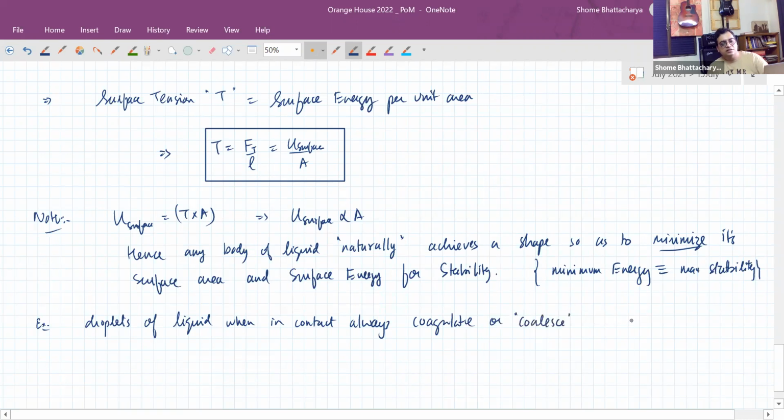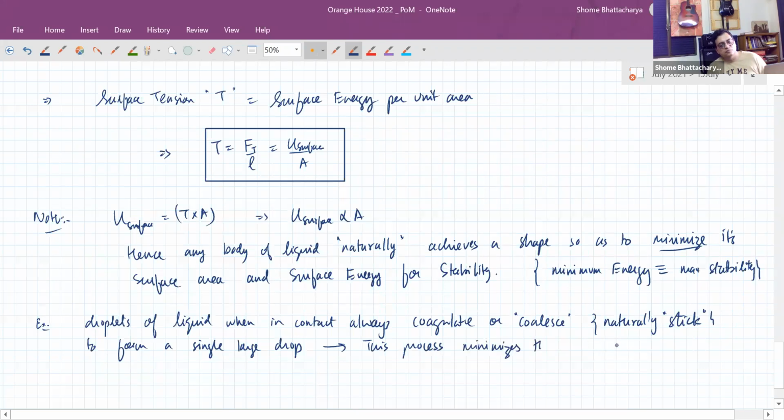So they naturally stick together to form a single large drop. So this process minimizes the surface area, and hence surface energy.